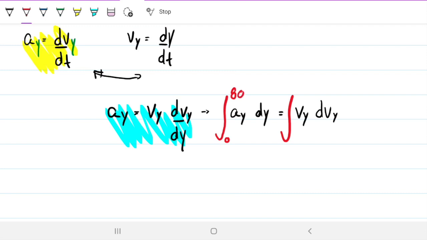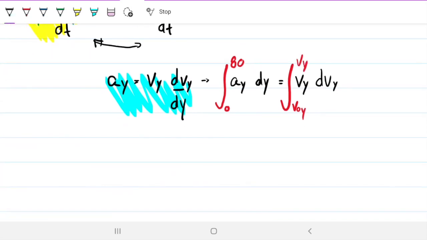And for v, I'm going from v naught to the final v, which I don't know, by the way. Acceleration is constant because we only have gravity, and gravity is not changing with height. Well, it is, but we're not considering that in this case. So a_y times 80, the height, has to be equal to v_y squared minus v naught squared, all divided by 2.